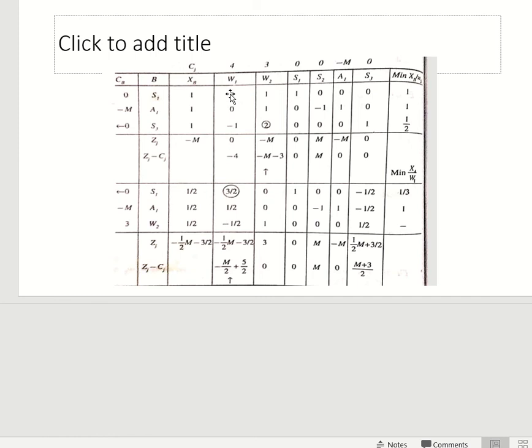Now write the coefficients of the remaining expressions. That is the first constraint. What is given? 1w1 plus 1w2 plus 1s1. So s2, s3, a1, everything is 0 here for the first constraint. And what does this represent? This is the base variable we are writing here.